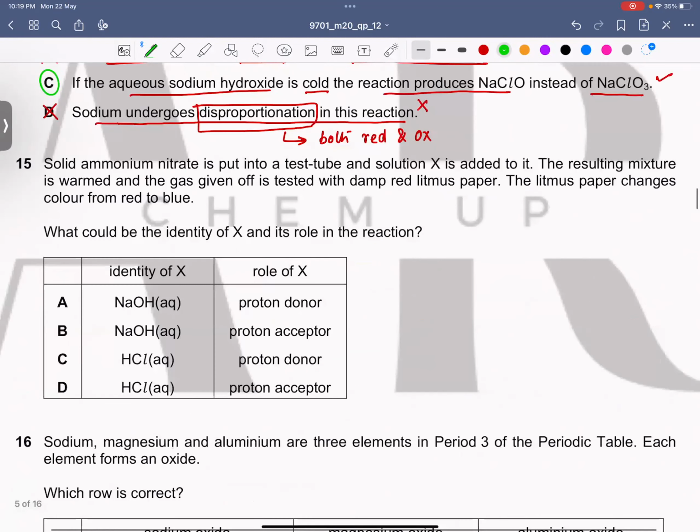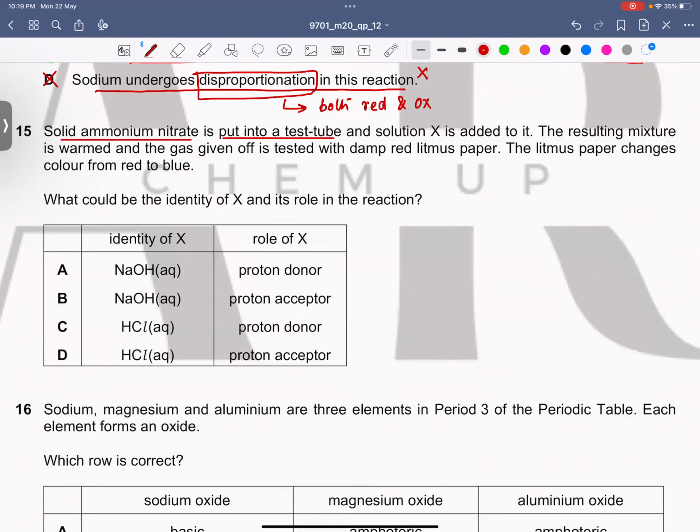Now, question number 15. Solid ammonium nitrate is put into a test tube and solution X is added. The resulting mixture is warmed and the gas given off is tested with damp red litmus paper. The litmus paper changes from red to blue. What could be the identity of X and its role in the reaction?